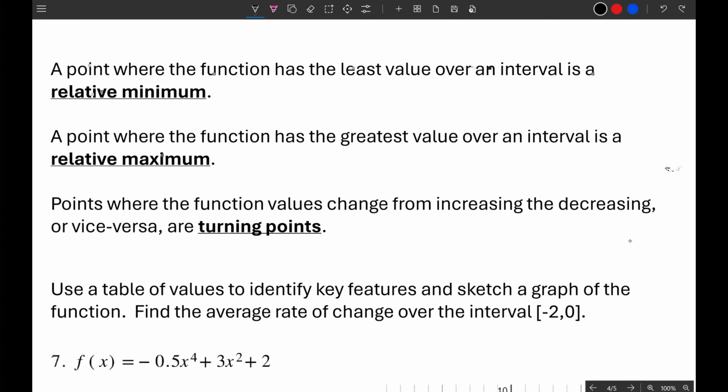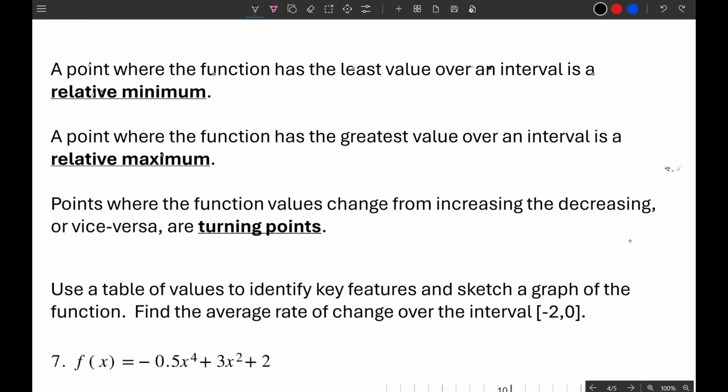Now I'm going to go to my table setup menu, and change that independent to ask because I want to fill in my own table. So now I'm going to go to the table, second graph, and I'm going to fill in my table. I have -3, -2, -1, 0, 1, 2, 3, and I'm just going to fill those in my table.